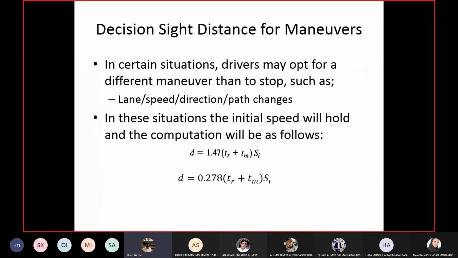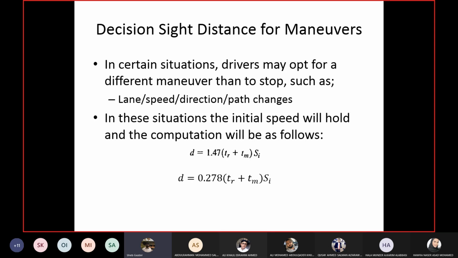In the previous case, we assumed that the driver will stop. In some cases, the driver may opt for a different action. It may not stop. So in that case, the decision sight distance may not be applicable to that driver. If the driver will not stop, what other actions can the driver take to avoid the accident?